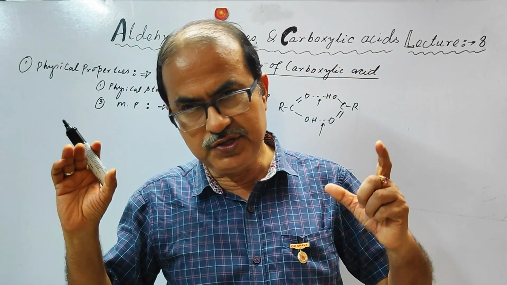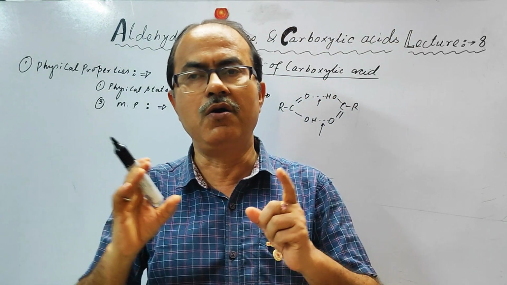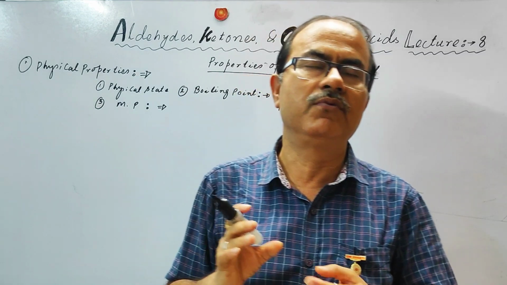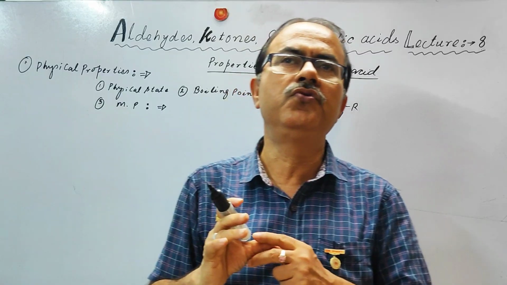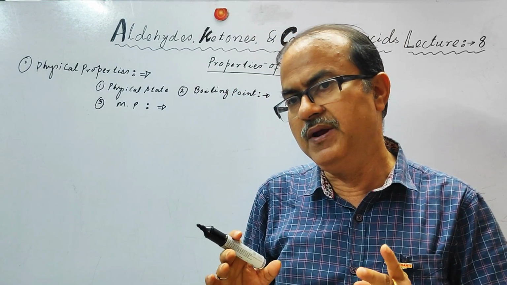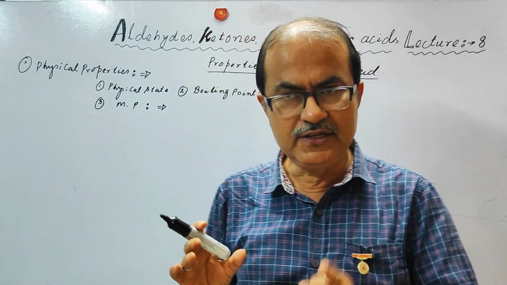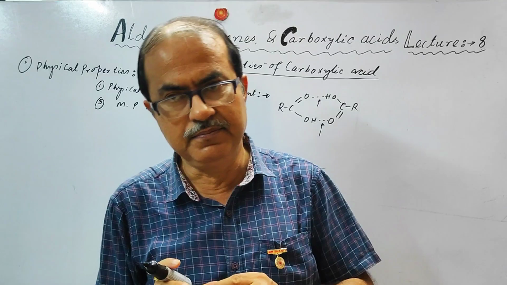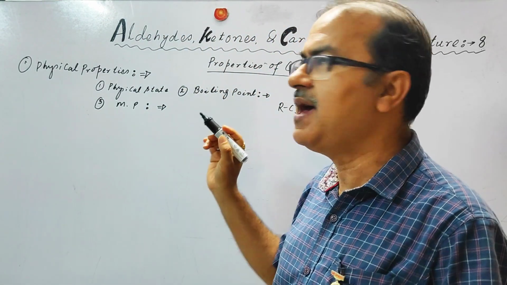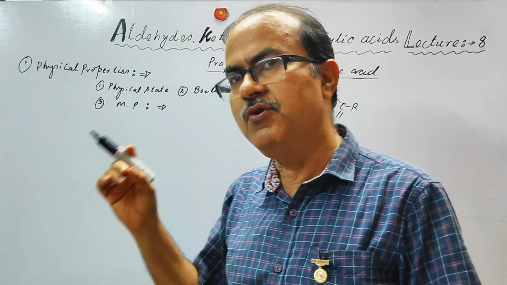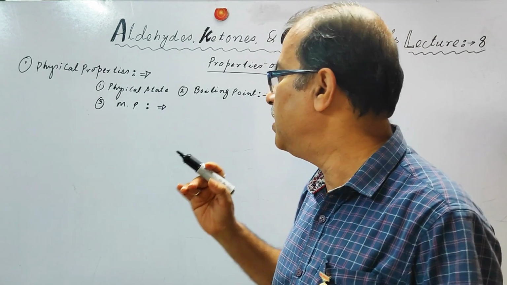This is a very orderly and arranged packing of these molecules, so the carboxylic acid with an even number of carbon atoms exhibits a higher melting point as compared to the next higher or next lower carboxylic acid. So the melting point of the carboxylic acid behaves this way: the even number of carbon atoms will have the higher melting point than the next higher and lower.